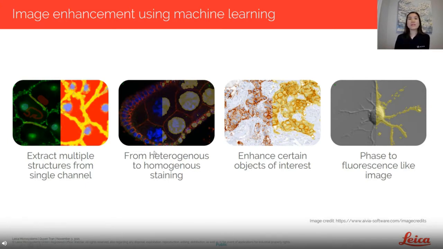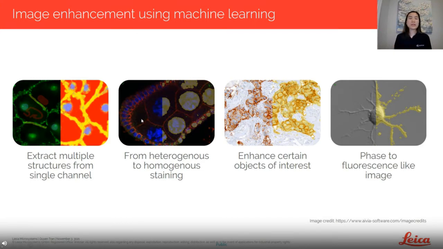We also have the ability with the machine learning algorithm to go from a heterogeneous staining to a more homogeneous staining. So in this particular example, you can see a little bit more in the larger nucleus that this nuclear staining is heterogeneous and has a more puncta appearance where there are areas of bright intensity and areas of low intensity. And this again would be really difficult to capture the whole nucleus if we were just using an intensity-based algorithm.